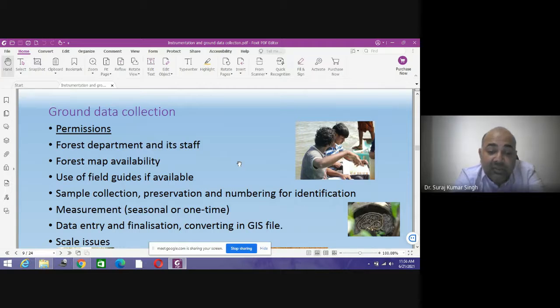Then the samples are collected, identified, stored and measured, depending on whether the objective of the study is a one-time field collection or requires multi-temporal collection. For example, if it is related to agricultural practices and you want to see land capacity or land suitability, then you have to check for each and every season.